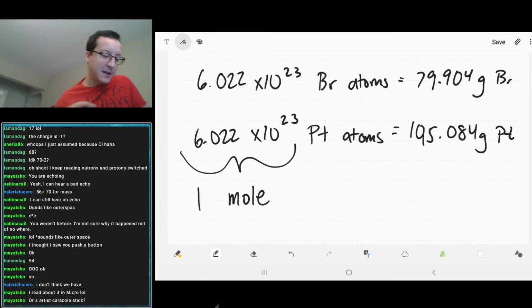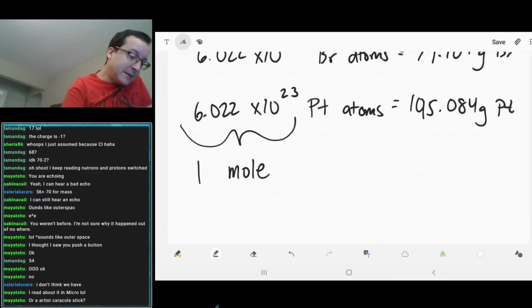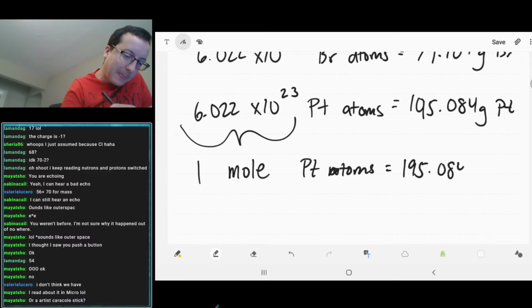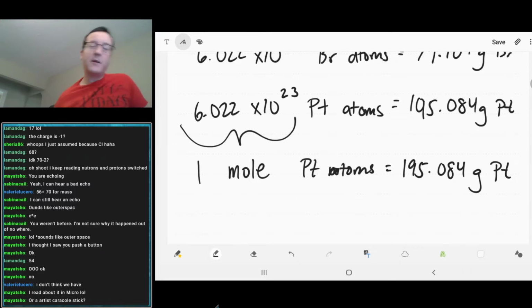Go ahead, have fun with that all you like. So 1 mole of platinum atoms is also going to be equal to the same thing. 1 mole is just 6.022 times 10 to the 23rd.